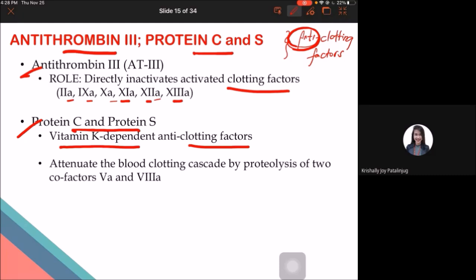Okay? Particularly ang function ng protein C and S, this is to degrade the clotting factors 5A and 8A. I repeat, ang gina-target ni protein C and S, degrading the clotting factors 5A and 8A.